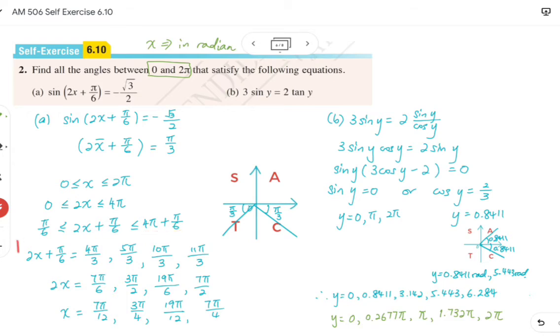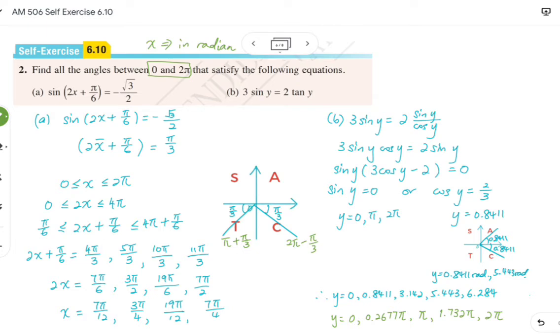Then we can find all our angles for 2x plus pi over 6 in quadrant number 3, which is pi plus pi over 3. There we get 4 pi over 3. And this is 2 pi minus pi over 3. There we get 5 pi over 3.